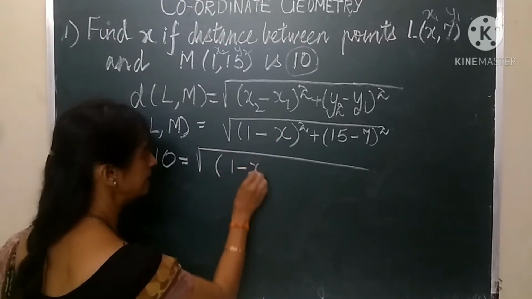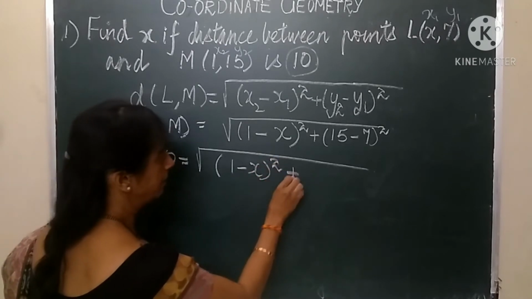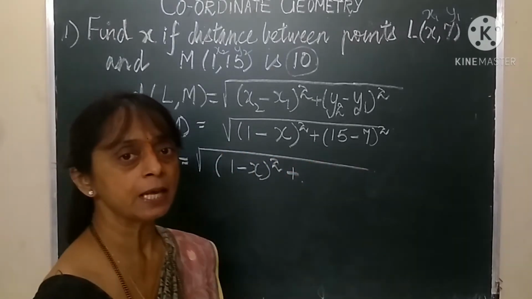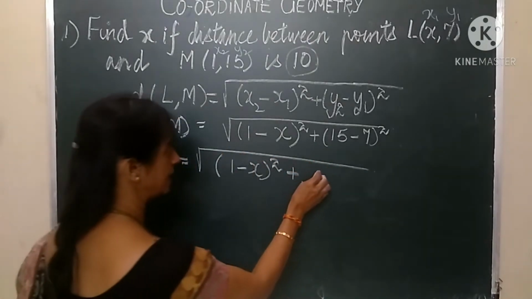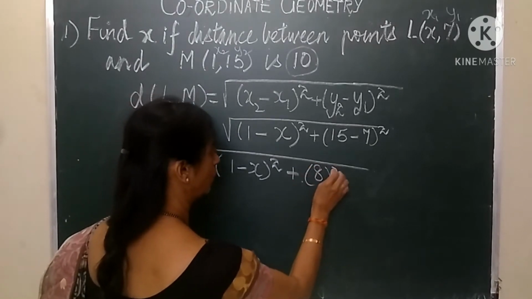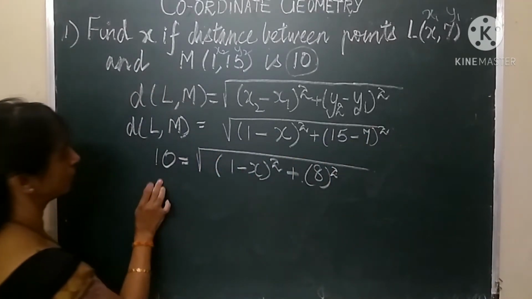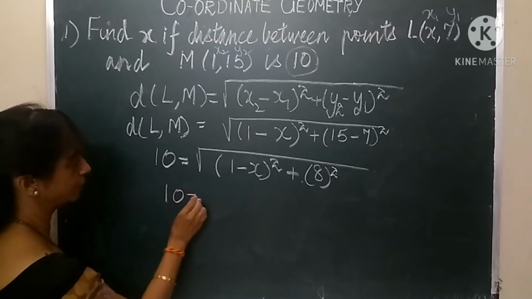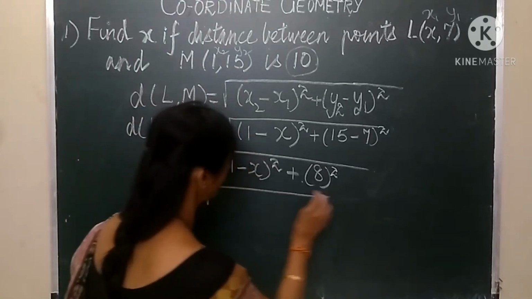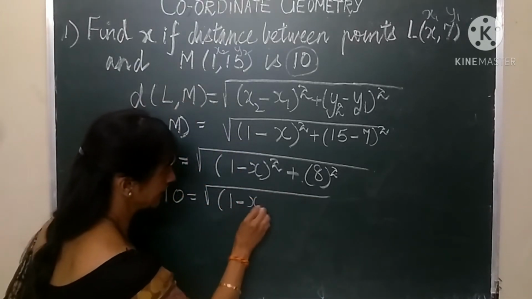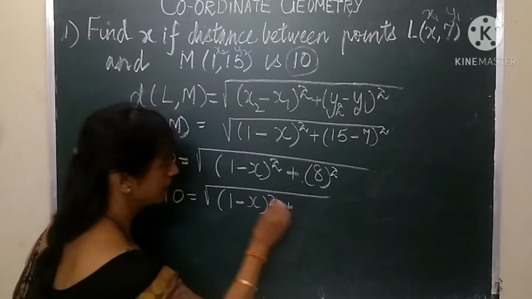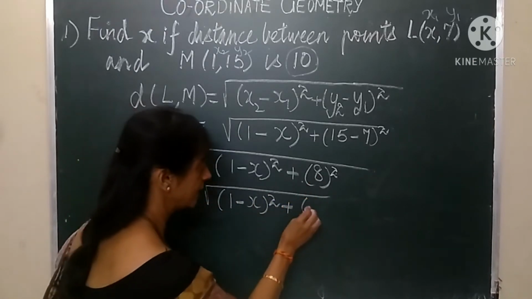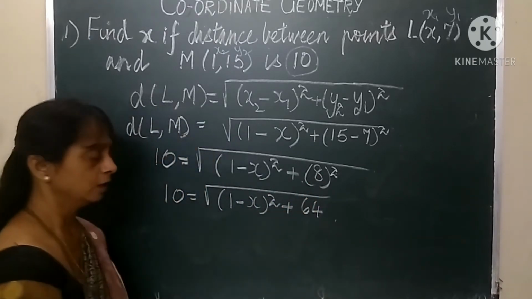Let's keep it as it is. Plus 15 minus 7 gives us 8, the whole square. Now 10 is equal to square root of 1 minus x the whole square plus 8 square gives us 64.